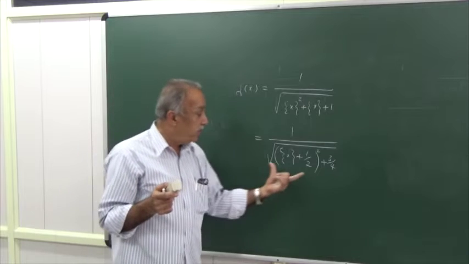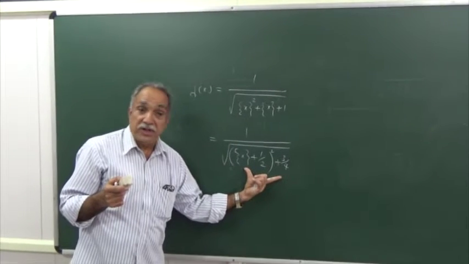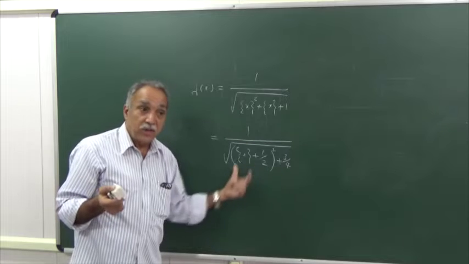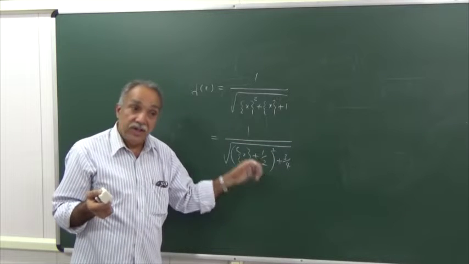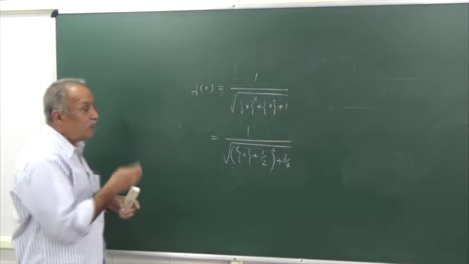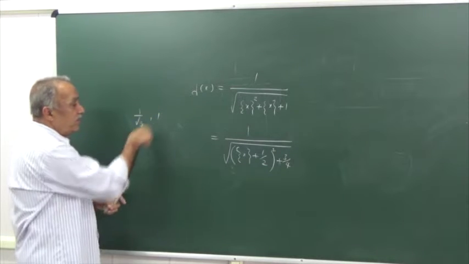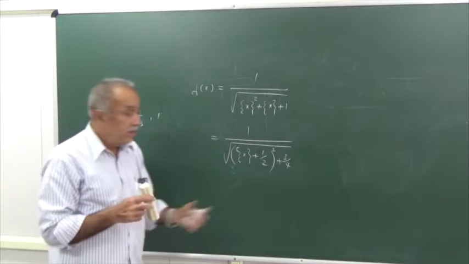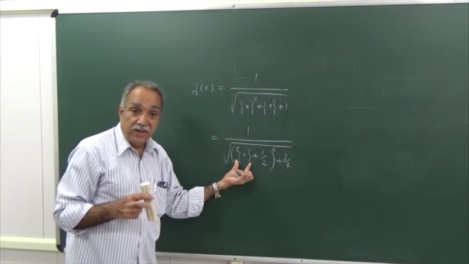So what limits did we get? This total quantity lies between 1 and 3. Is it? The square root lies between 1 and root 3. Reciprocal lies between 1 by root 3 and 1. Are both endpoints reachable? This cannot become 1.